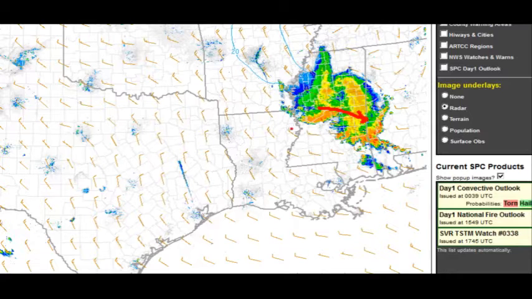And then we have the 30-knot flow coming this way. Remember, we were seeing that? So we have a vector that's drawn opposite into the low-level flow like that. So we take the vector difference, and we get a bit of propagation towards the east.